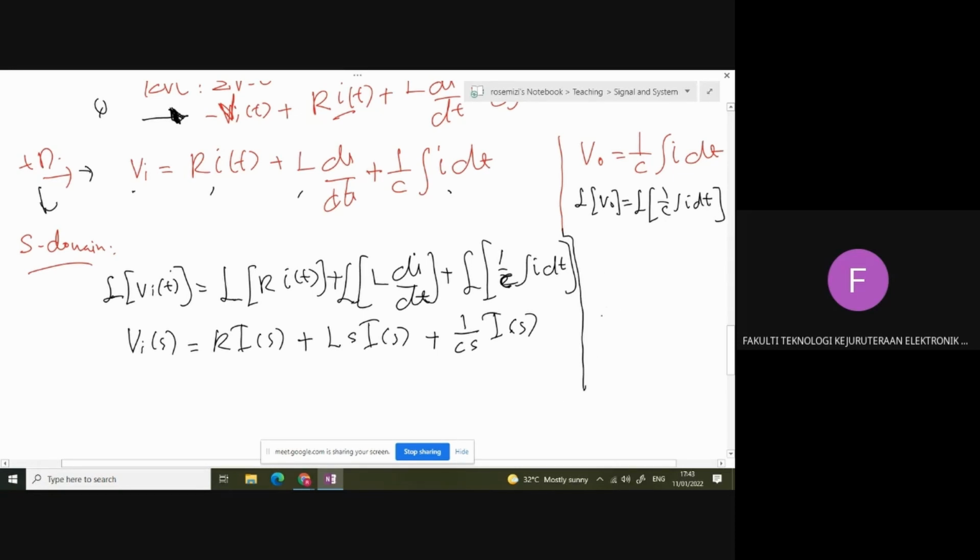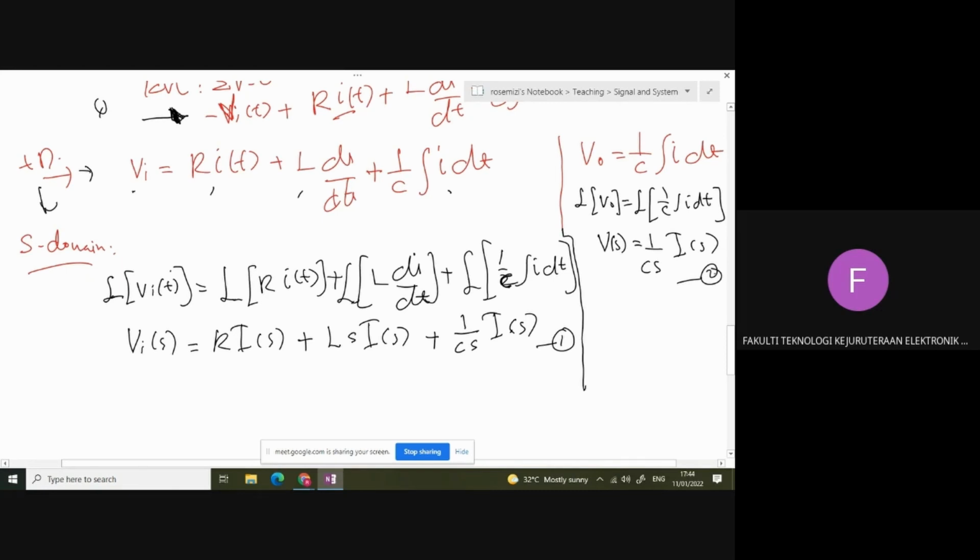This is number 1. Number 2 is Vout(s) equal to 1 over Cs I(s).